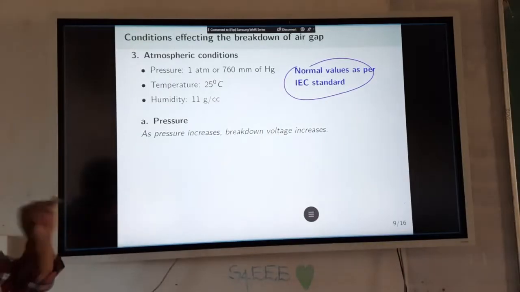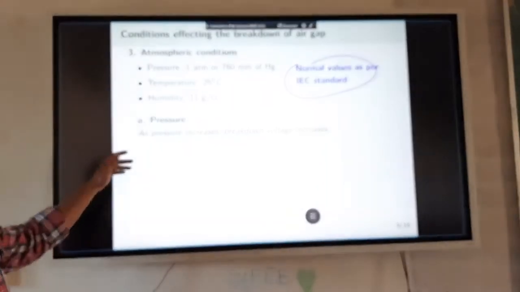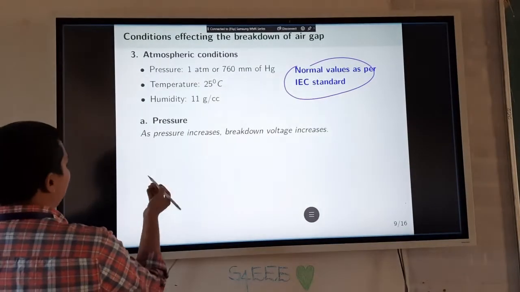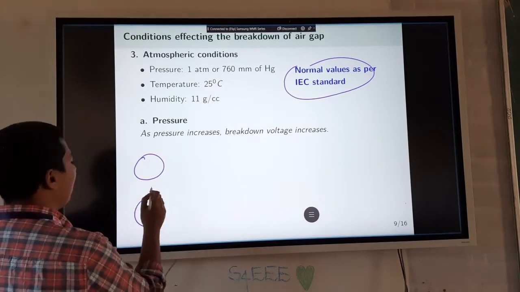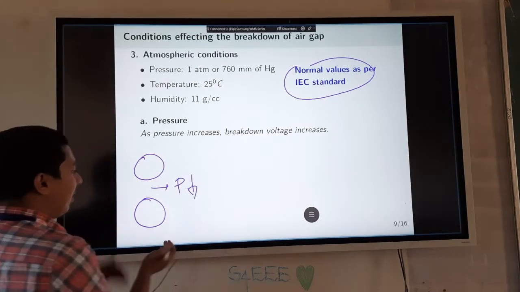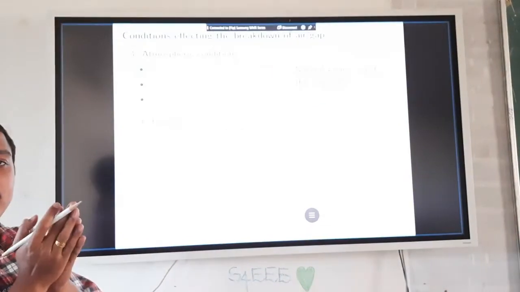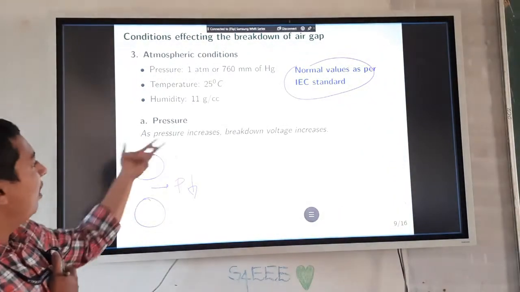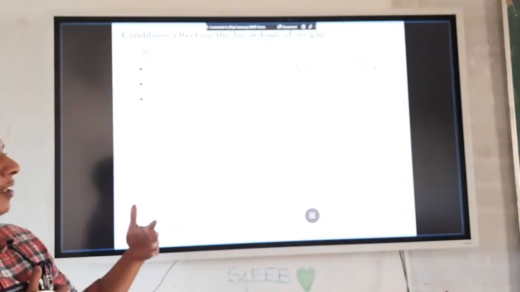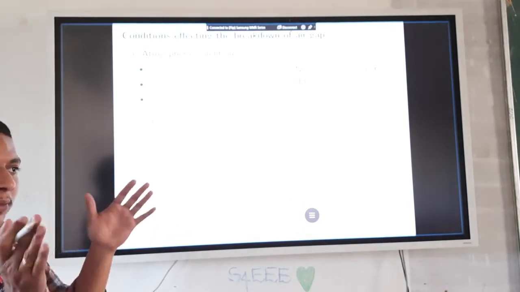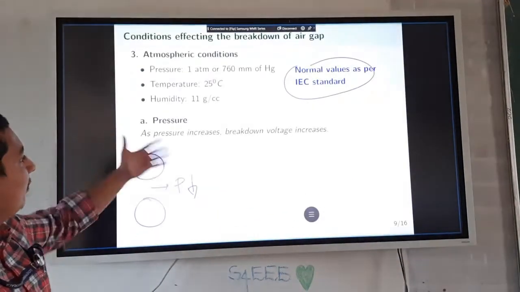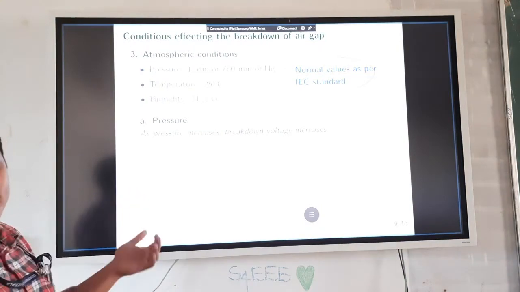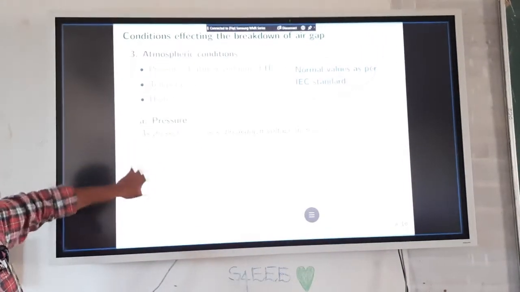As the pressure increases, the breakdown voltage also increases. With lower pressure, the number of molecules in the space is lesser, so breakdown chances are lesser. When pressure increases, the density is higher, so the breakdown voltage will be higher.